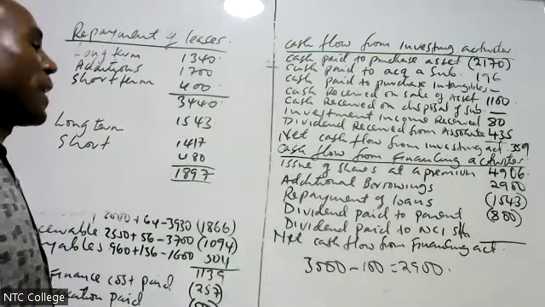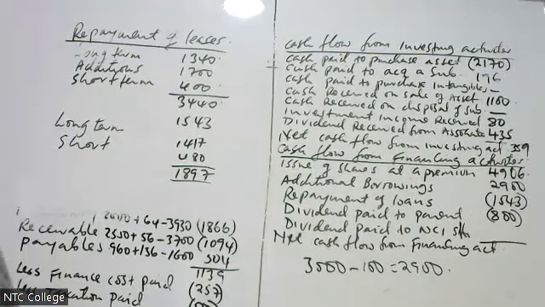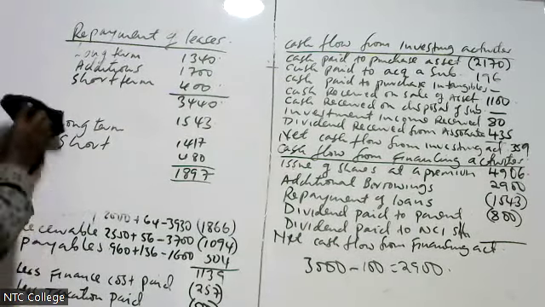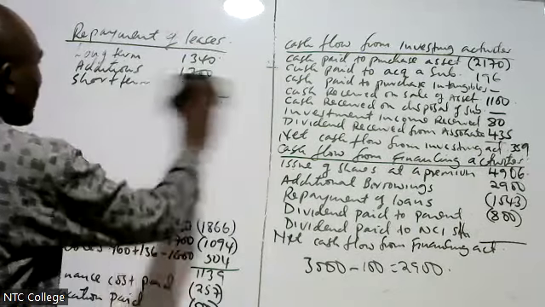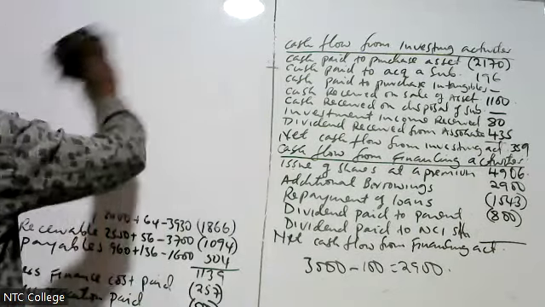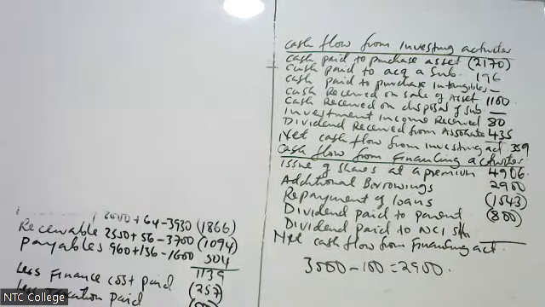Then we go to dividend paid to NCI, our last item.